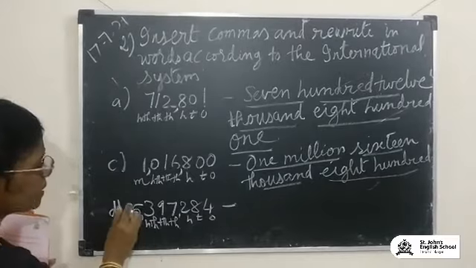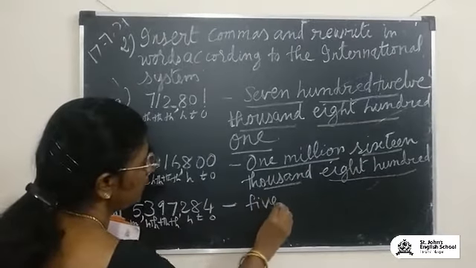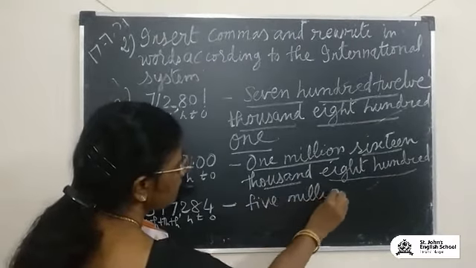So how will you write this number? Only in the millions place 5 is there, so you will write 5 million.